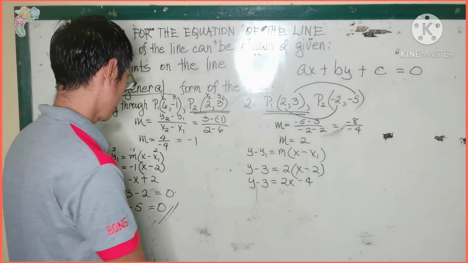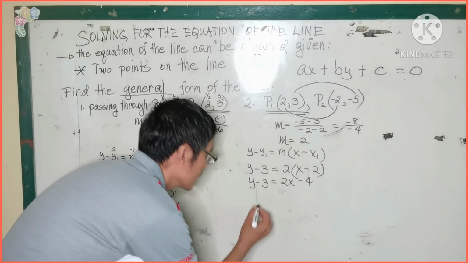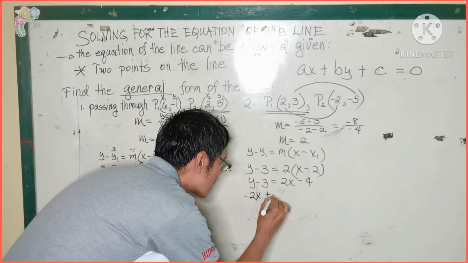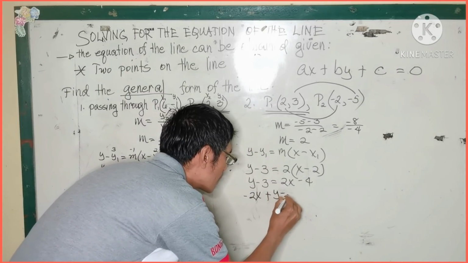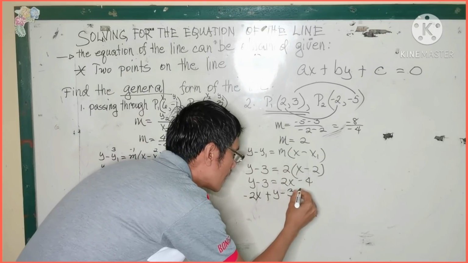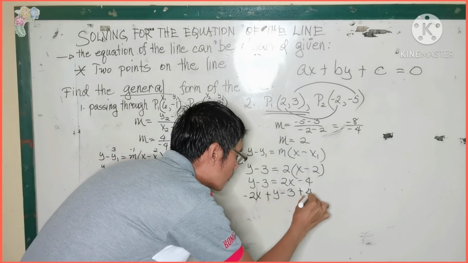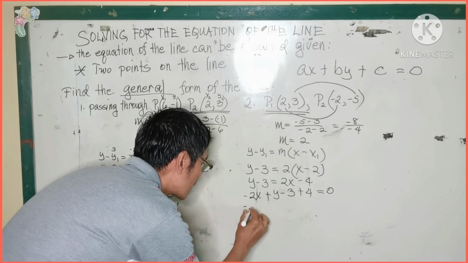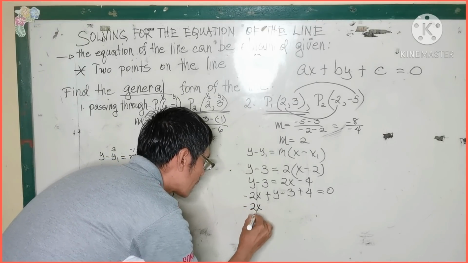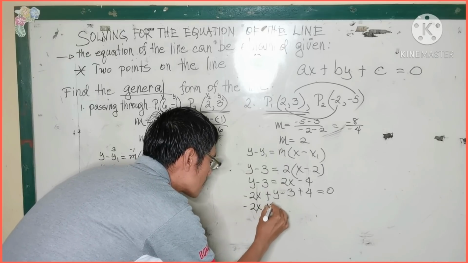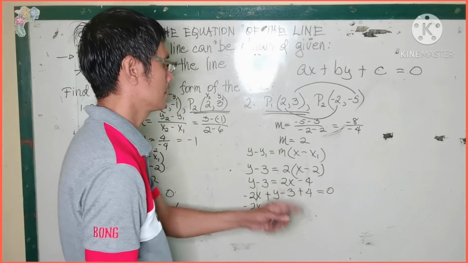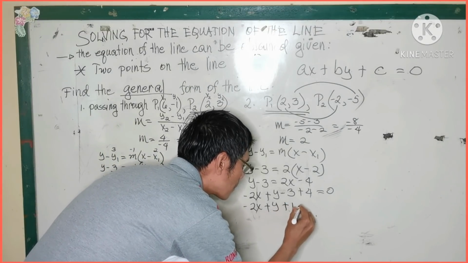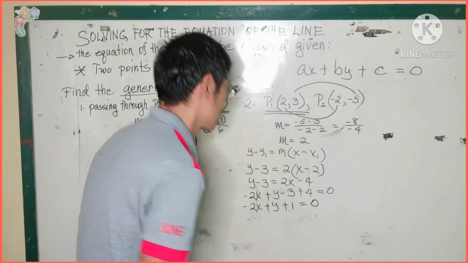Ilagay lahat dito sa left side. So we have negative 2x, then your positive y, then your negative 3, then transpose positive 4, equals 0. So we have negative 2x plus y, negative 3 plus 4 is positive 1 or plus 1 equals 0.